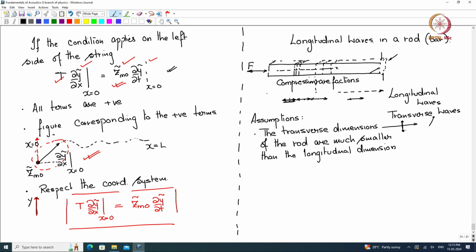So, let us say the longitudinal dimension is L and the breadth and height are B and H. So, what we are saying is B and h are much smaller than L.